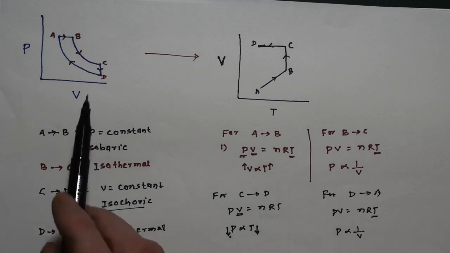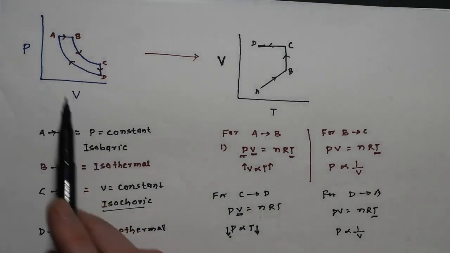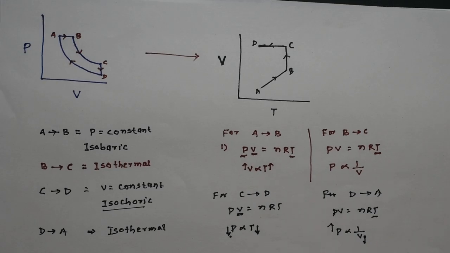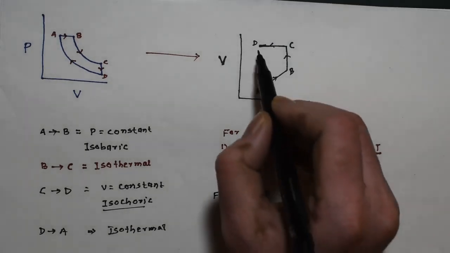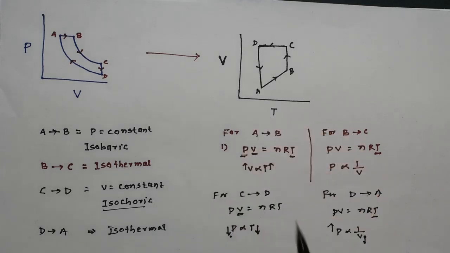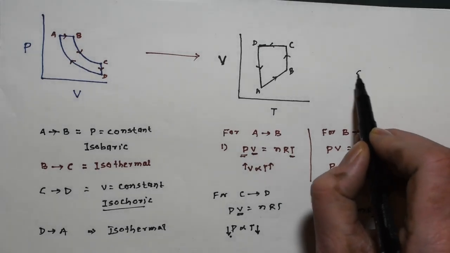And in this process volume decreases and pressure increases. As pressure increases, volume decreases. That means this graph will go like this, because temperature is constant. So in this question C is the answer.